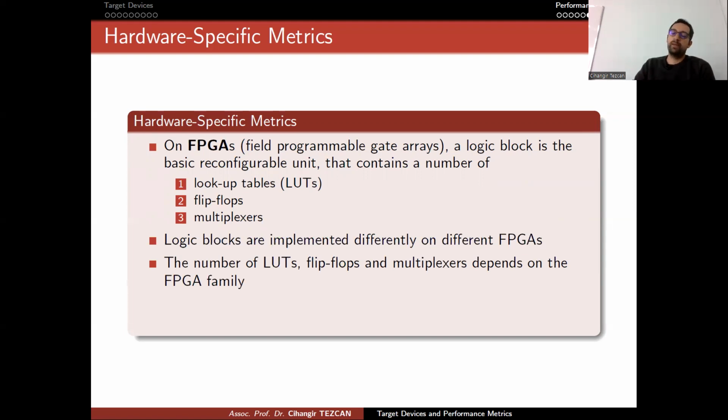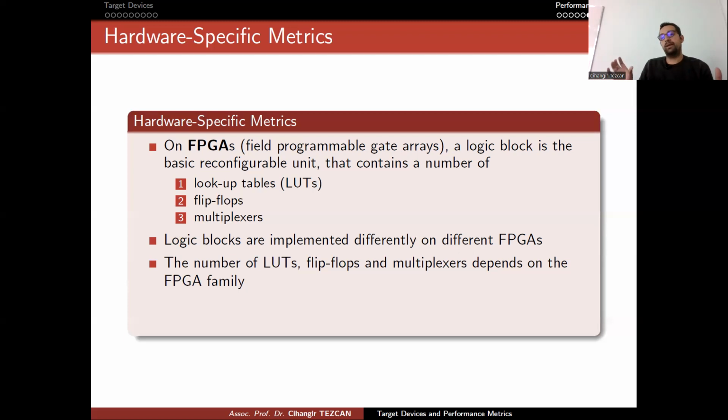Once you have an optimized implementation, how many LUTs, flip-flops, and multiplexers you require actually depends on the FPGA that you are going to use. And each family has a different architecture. And with new models, sometimes you can perform fewer operations and have the same results. So comparing results on different FPGAs is not a good idea.